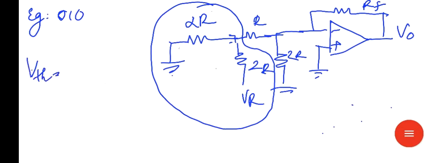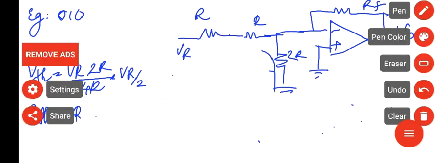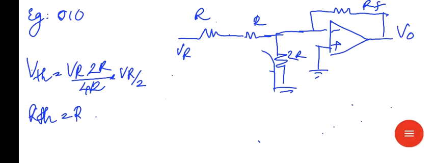VTH is equal to VR into 2R divided by 4R, that is equal to VR by 2. Then you find RTH is equal to R. So you will get the Thevenin equivalent resistance R and VR by 2 as the Thevenin voltage.